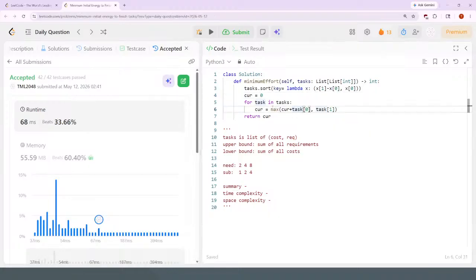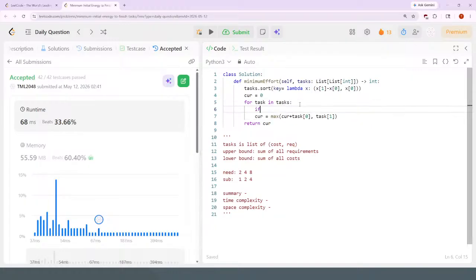I guess if I actually use an if statement here, it might be slightly faster.